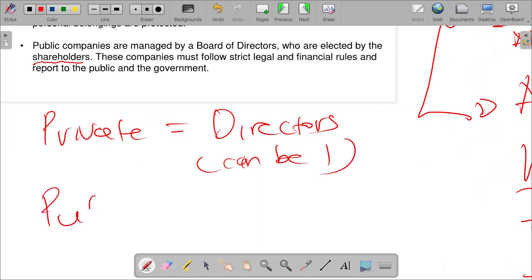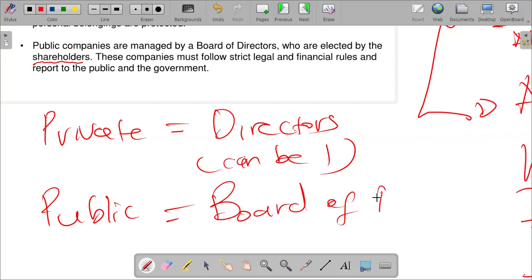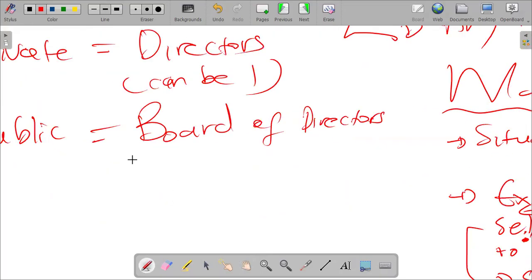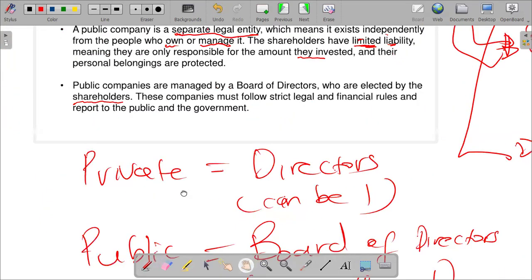But in a public company, it's run by a board of directors, which is more than one director. More than one. Don't confuse the two. It might be both directors, but these are the board of directors, meaning it's more than one. And in a private company, there can be one director.